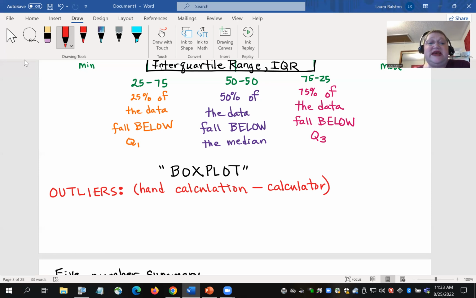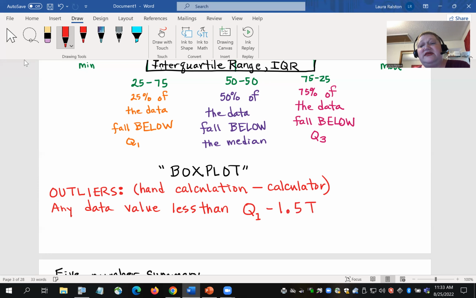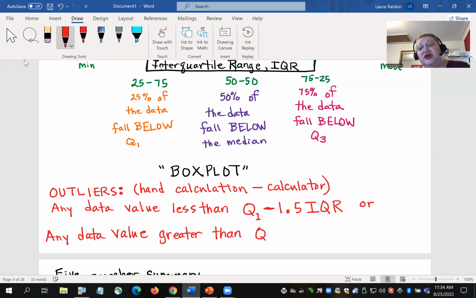Okay, so here's what the formula says. An outlier is any data value less than Q1 minus 1.5 times the IQR, or it's any data value greater than Q3 plus 1.5 times the IQR.